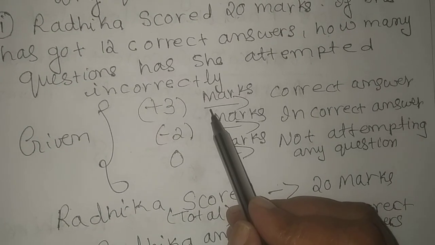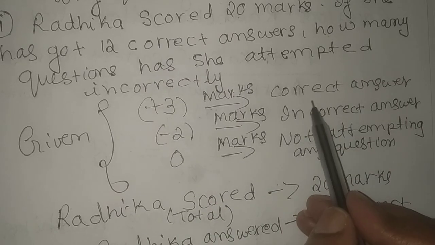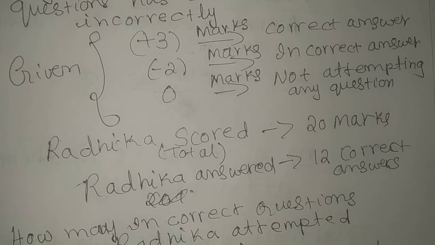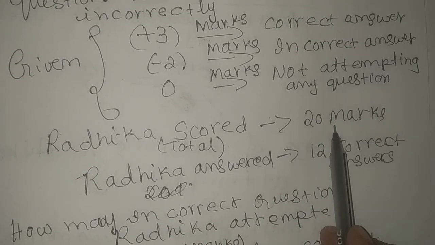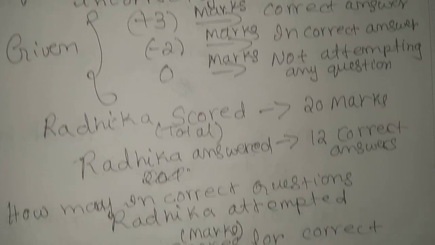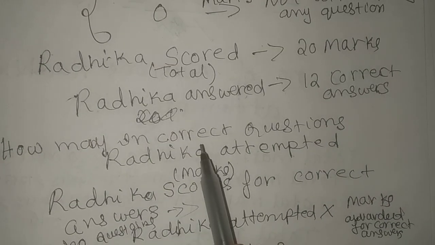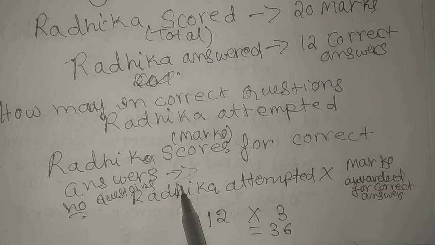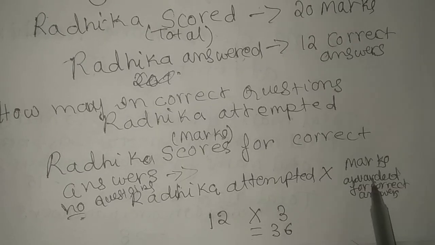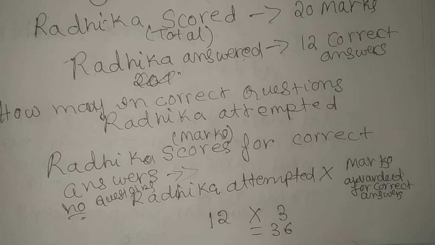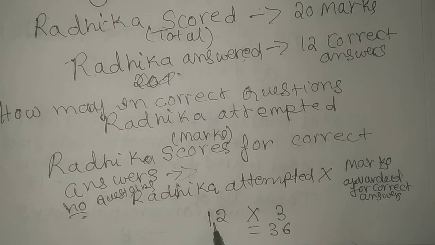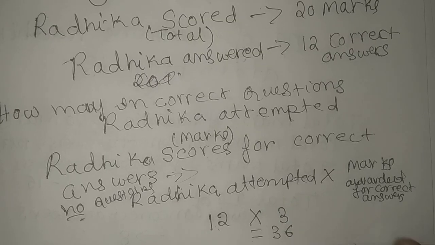So Radhika scored 20 marks and answered 12 correctly. Now we calculate the marks for the 12 correct answers: the number of questions into marks awarded, that is 12 into 3, which is 36.